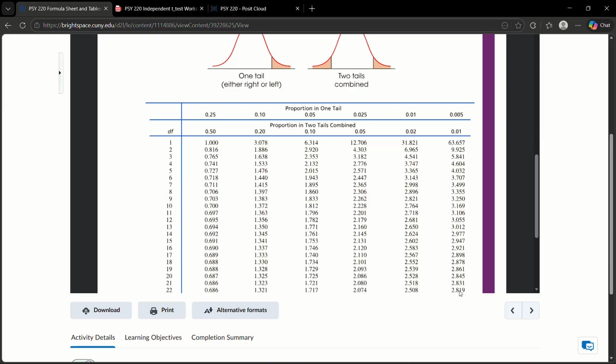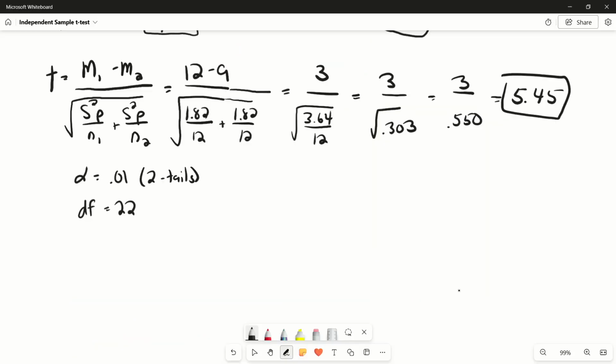And the critical value is plus and minus 2.819. Our critical value is plus and minus because it's two-tailed. If it's two-tailed, you have two critical values, a plus and a minus: plus and minus 2.819.